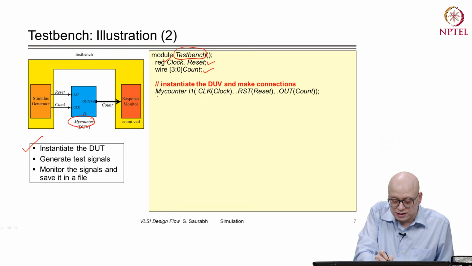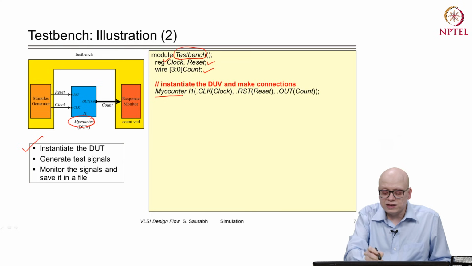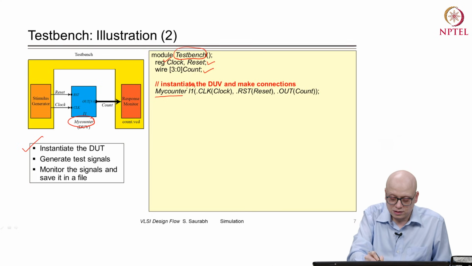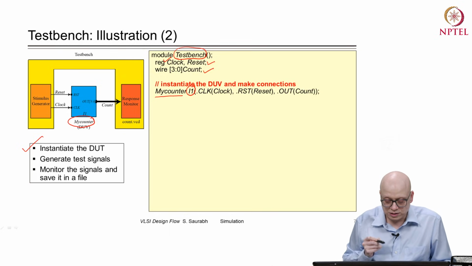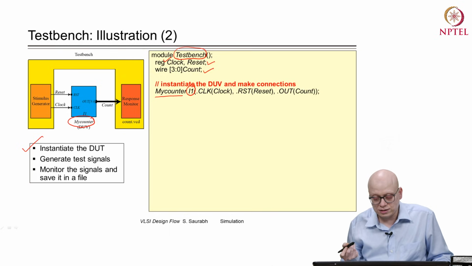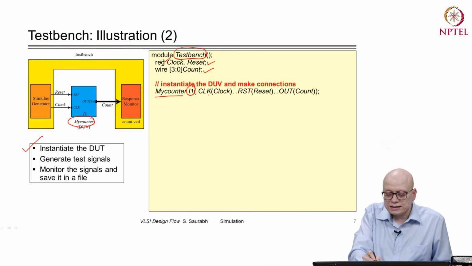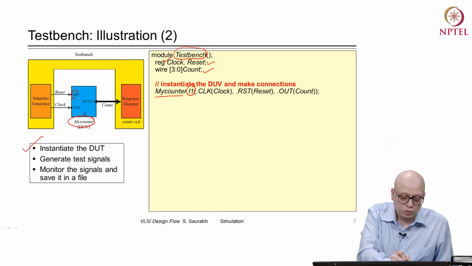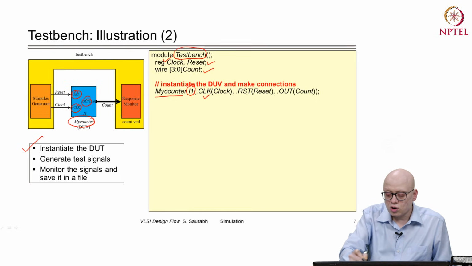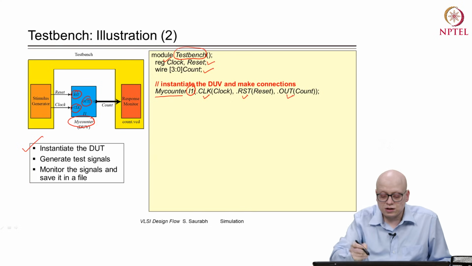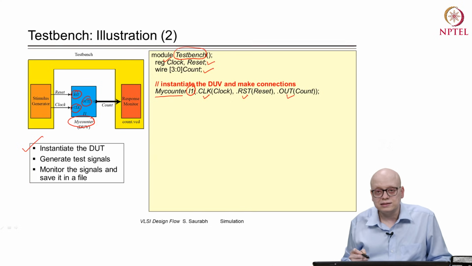We give it an arbitrary instance name, I1, and then connect the input ports and the output ports of the instance with the signals that are there in the test bench.